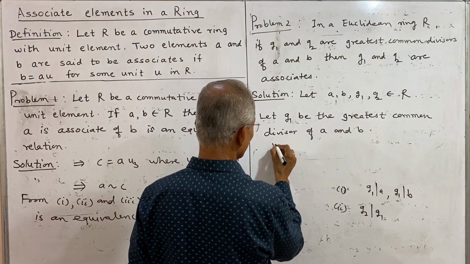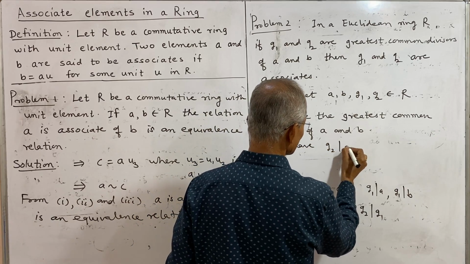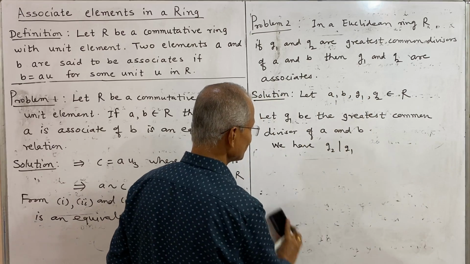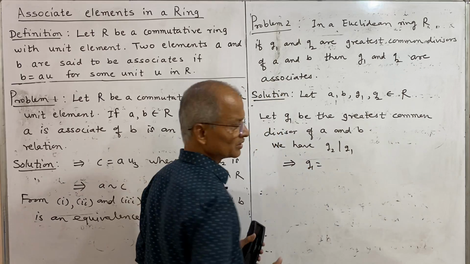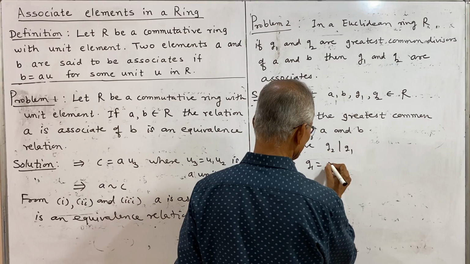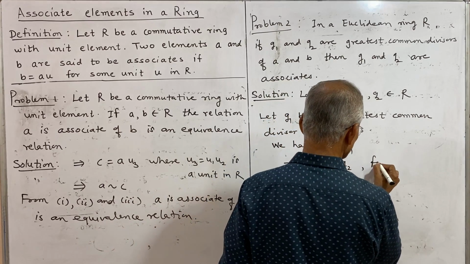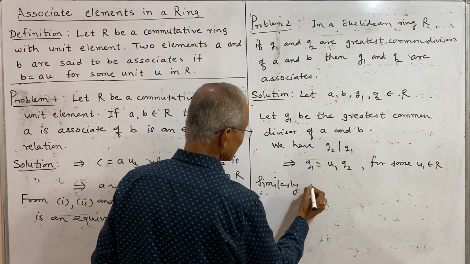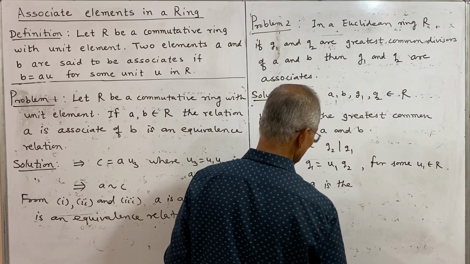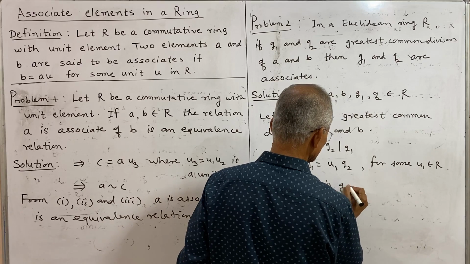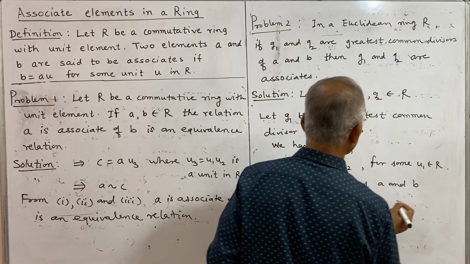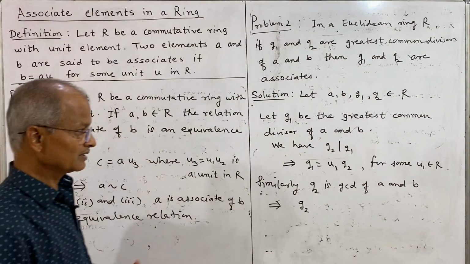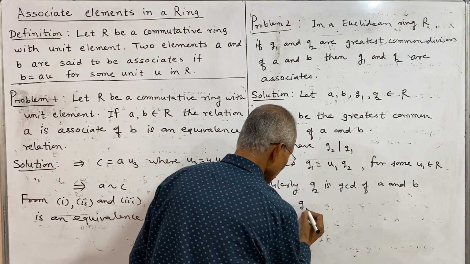So we have G2 divides G1, and by the divisibility relation we can write G1 as a multiple of G2, that is, G1 equals U1 into G2 for some U1 belonging to R. Similarly, G2 is a GCD of A and B, and this implies G1 is a common divisor, and therefore G1 divides G2.